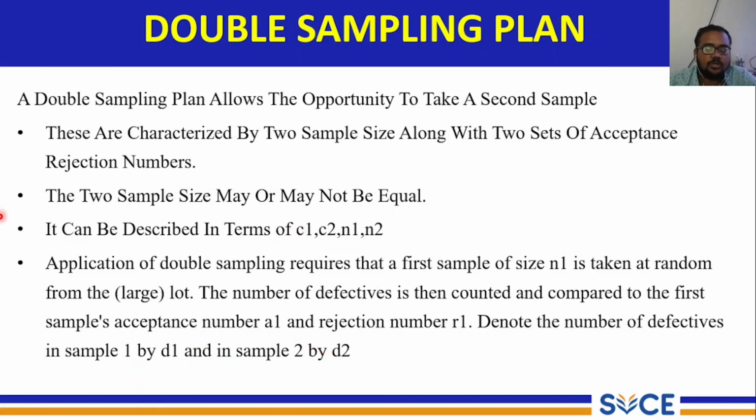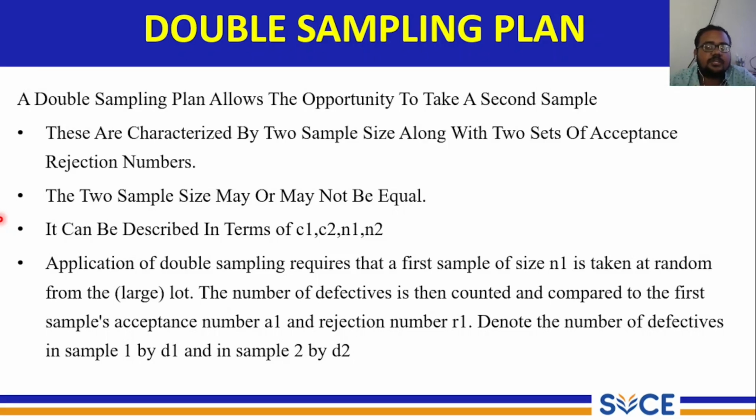So it is about having two acceptance numbers. If you're taking a sample of size 10, you have to have an acceptance and rejection number. Maybe if you're expecting 90% acceptance with a sample size of 10, then the acceptance number has to be 9 and the rejection number has to be 1.